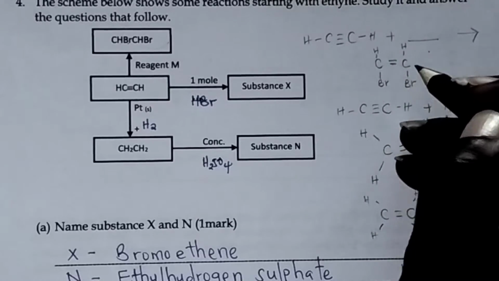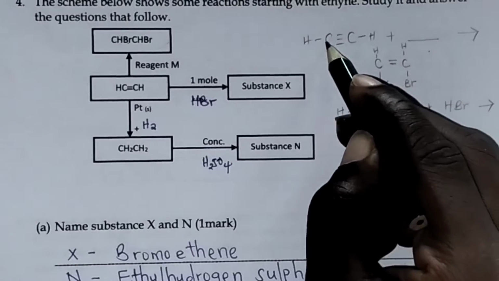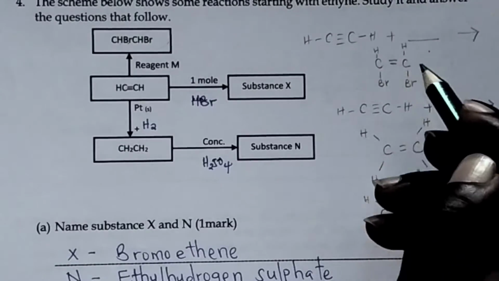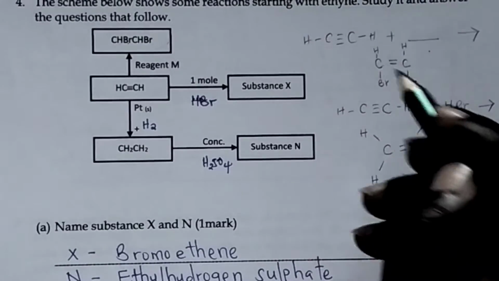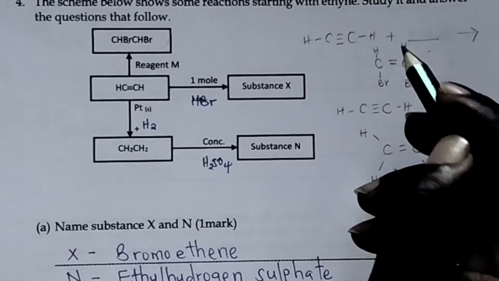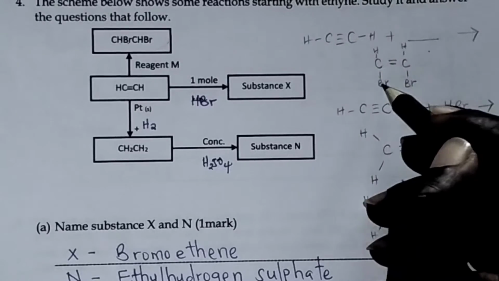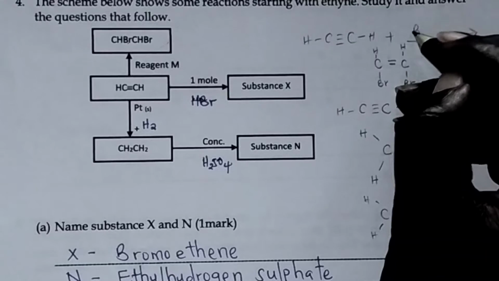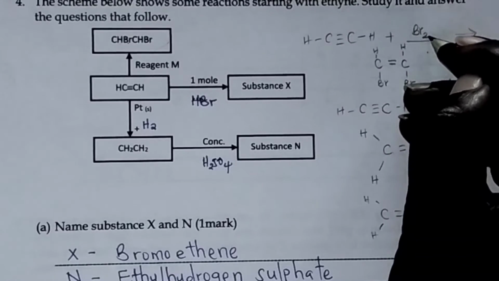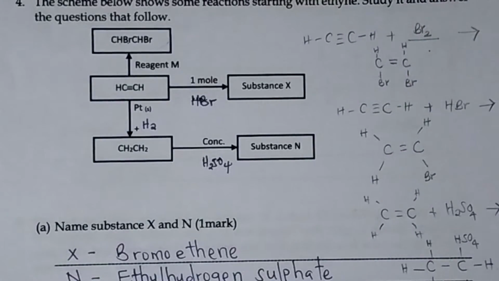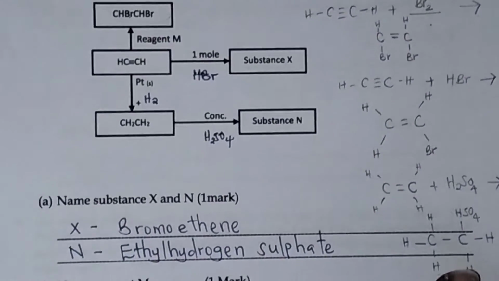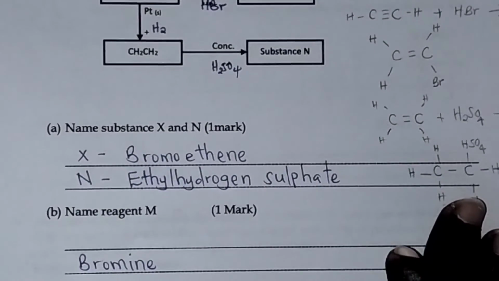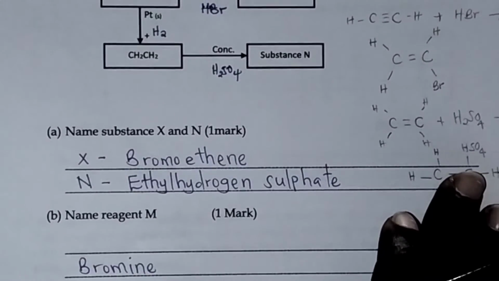If I balance the equation, I had 2 carbon, I have 2 carbon, I had 2 hydrogen, I still have 2 hydrogen. So what was missing here was bromine molecule or bromine gas. So the reagent M that I'm asked for was bromine gas, or bromine. That was the answer, because this is just an addition reaction.